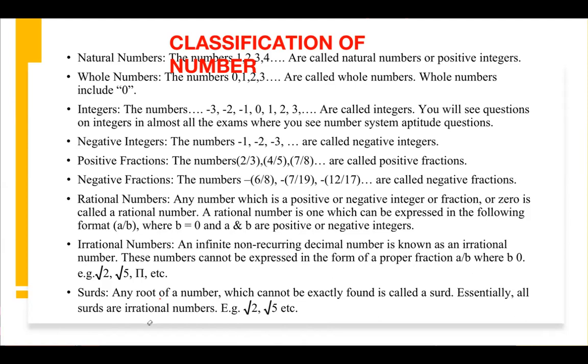Essentially, all surds are irrational numbers. Example, root 2, root 5, all these are irrational numbers. So these are the basics, as I already told you in the previous slide. So this was the basic overview of the classification.